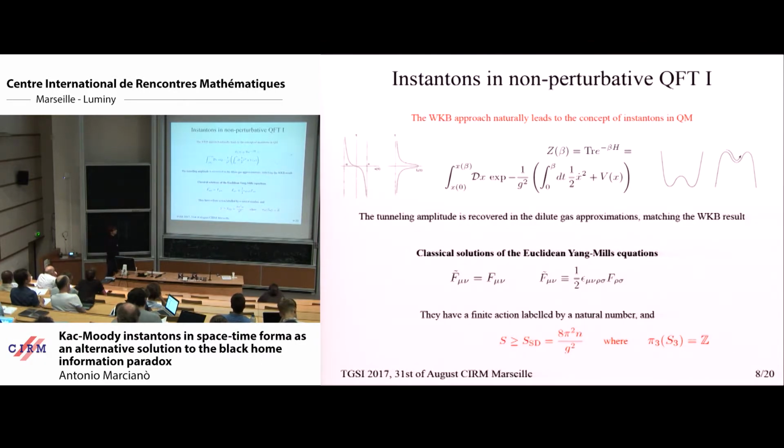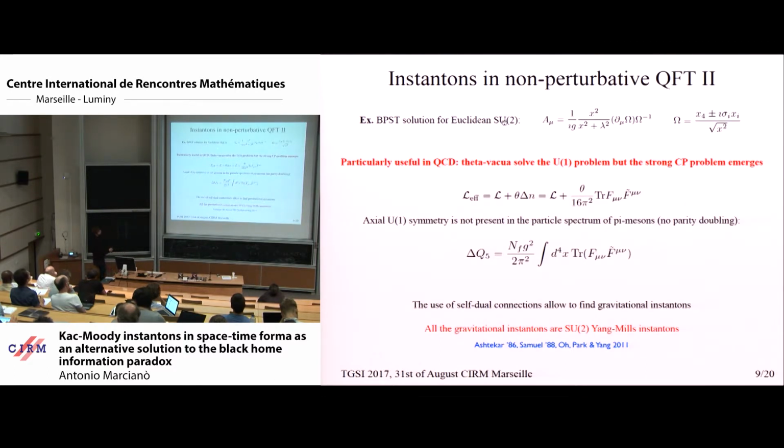So in this, the relative numbers. A particular solution is, for instance, the BPST solution for the case of SU(2).